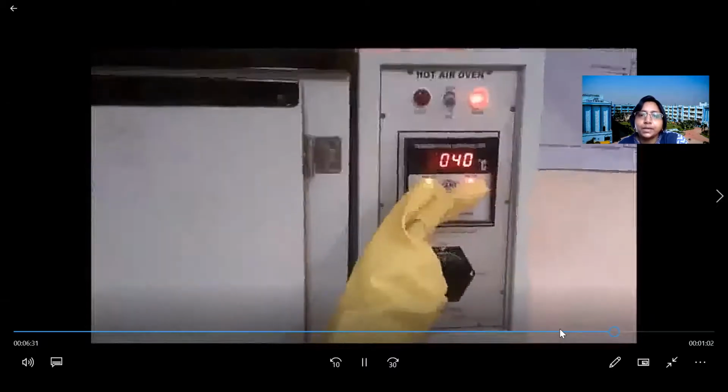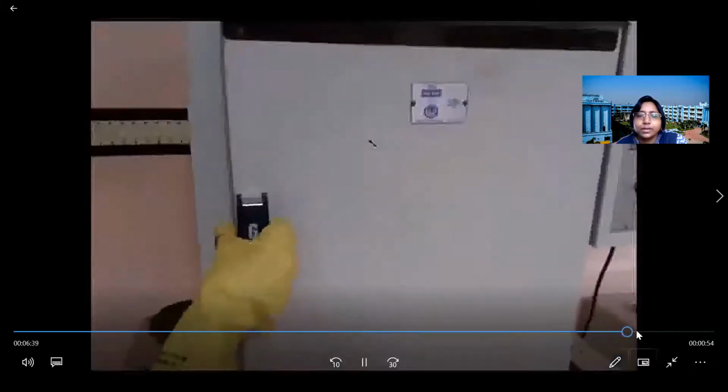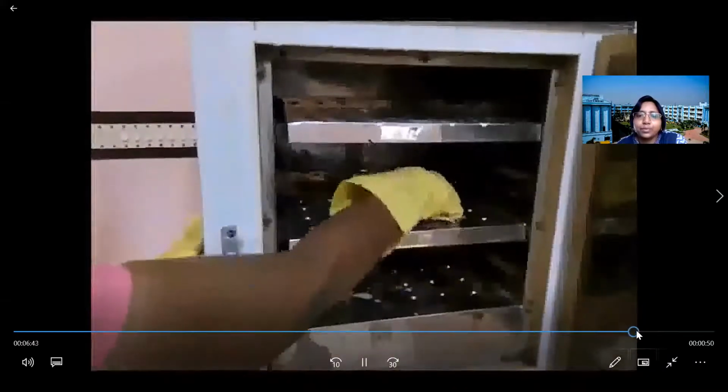We can set the temperature here. We will keep it at 40 degrees centigrade. Then after drying, we get our final product, that is the aspirin.